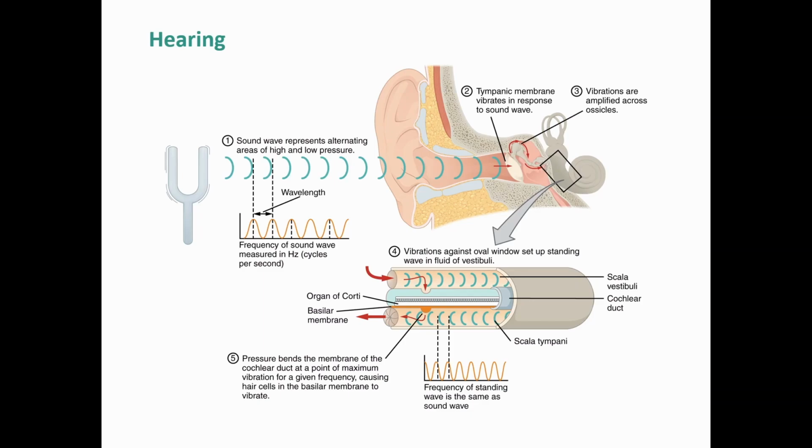But number 1, sound waves. Basically, you have a high air pressure and low air pressure, and sound waves are you changing between those two. If we look at what a wavelength is, we see that the wave is going from high to low and back up to high.